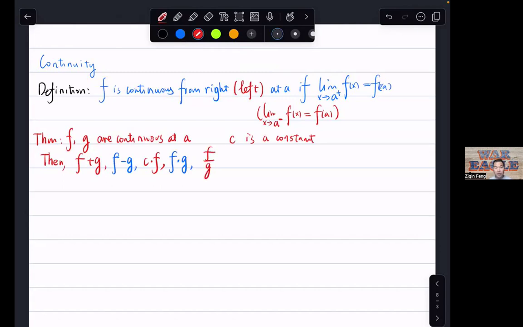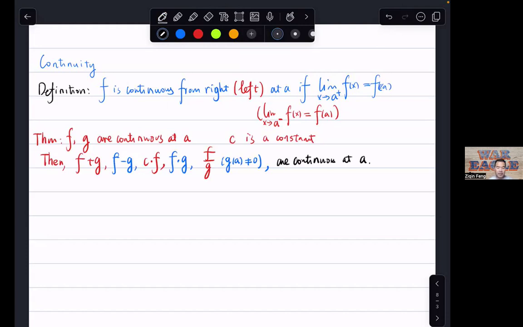But if you have a quotient, we have to make sure the denominator is not 0. So we are assuming g of a is not equal to 0 in this case. All these functions are continuous at a. So this is basically easy.